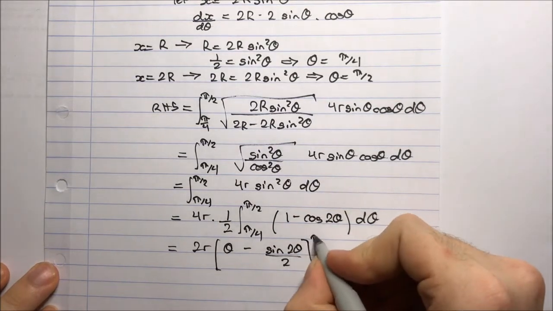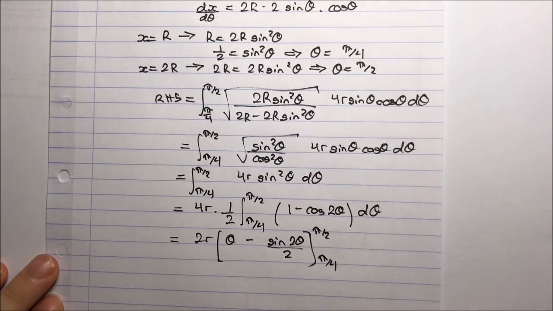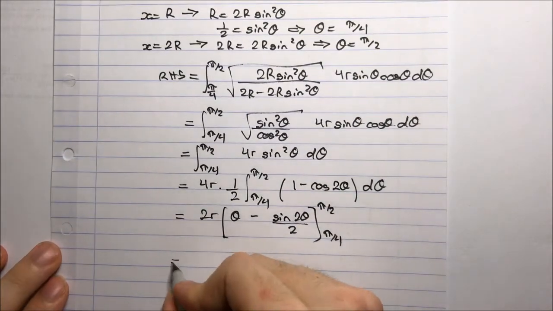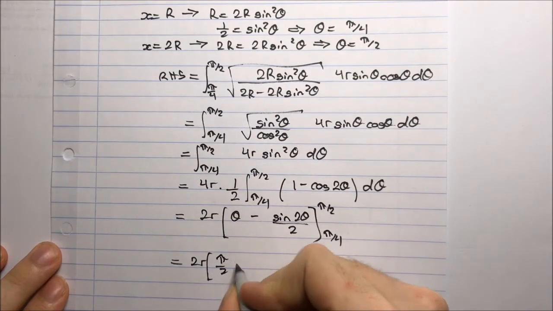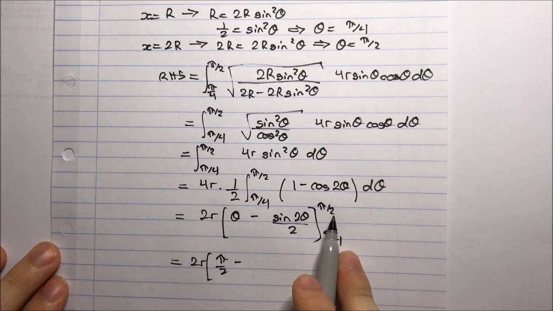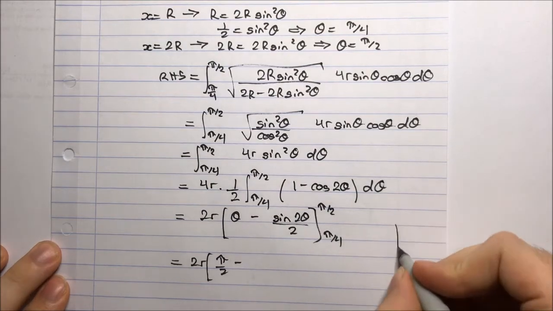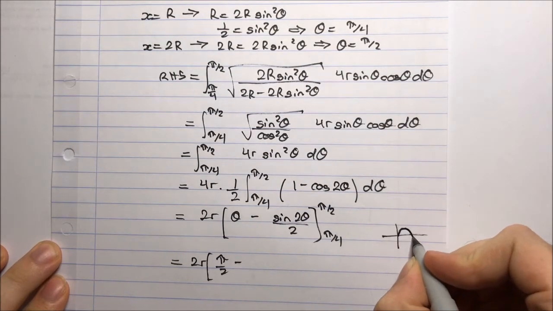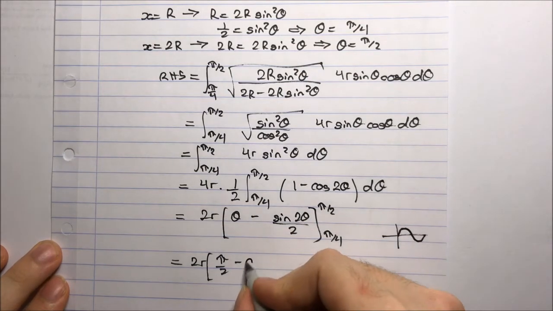And now my limits are pi on 2 and pi on 4 here. And so now I can go ahead and sub these in. That's 2r pi on 2. Now sine 2 times pi on 2 is sine pi. Sine pi is 0 because this is pi and it's equal to 0. So here is 0.